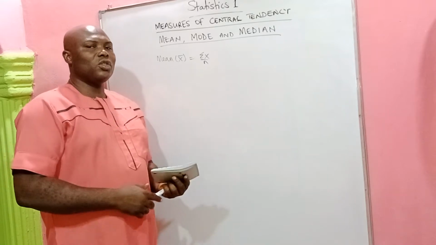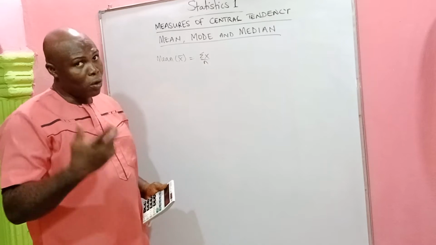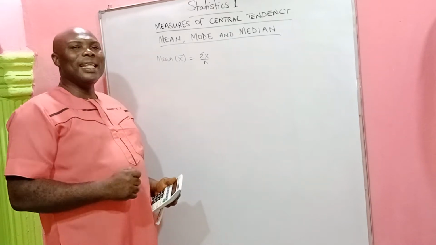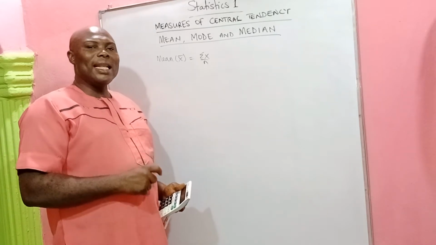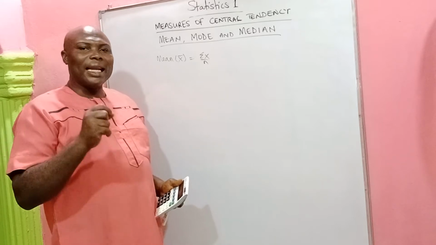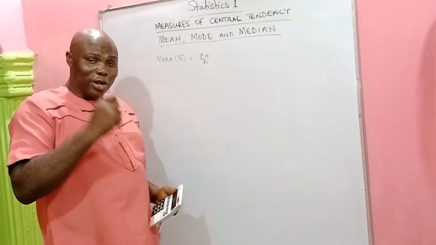In some cases, we have distributions that are unimodal, bimodal, or multimodal. We'll explain that later. And then the median is the observation that occurs in the middle when the values are arranged in an array in an increasing order of magnitude, in a chronological order.